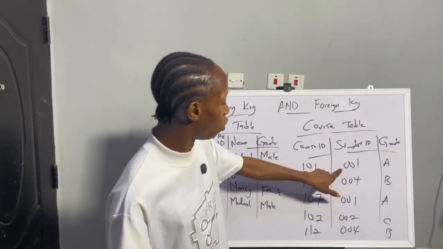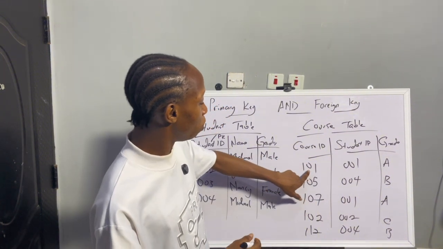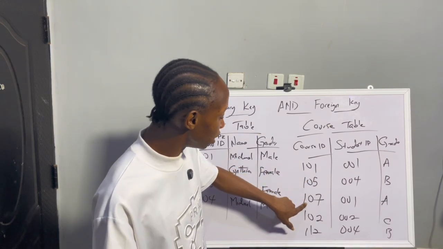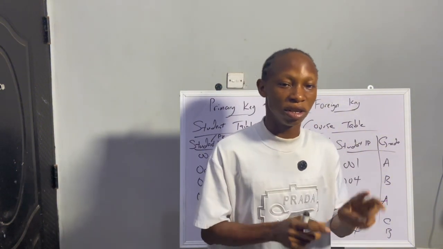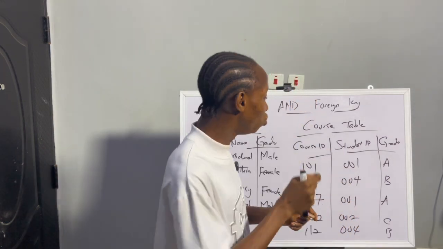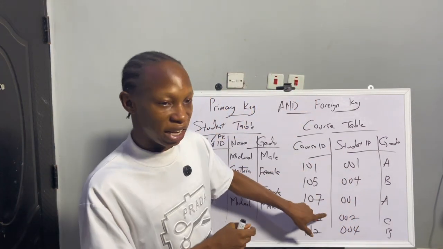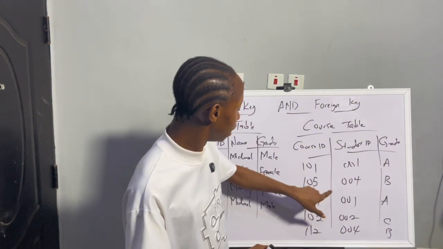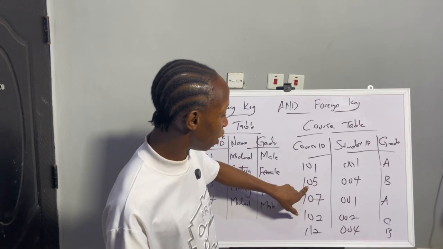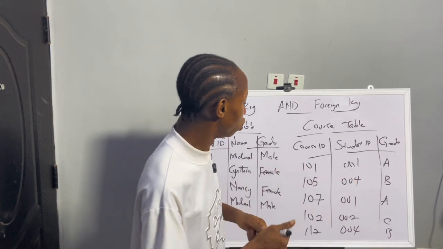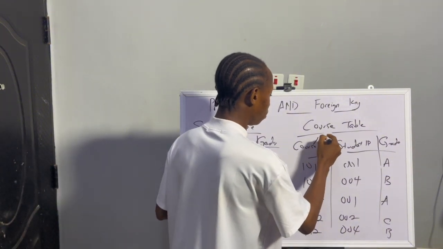So it is possible for student 001 to partake in course 101, 105, 107, but it is impossible for two different courses to use the same course code. It is only that course code that we can use to uniquely identify each record in this table. So our course ID is our primary key.